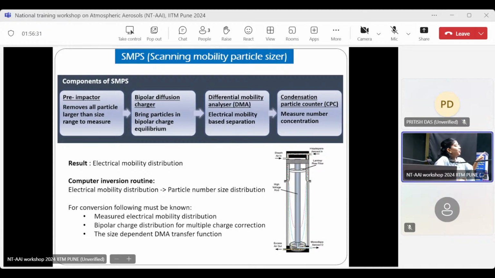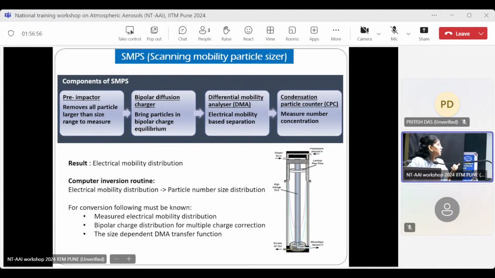From your aerosol in, you want the particles to go to the central rod only because of the electrical charge they carry, not because of the diffusion, not because of just gravity or anything else. So for that you have to provide a sheath or a partition. That partition is your laminar flow or the sheath flow.